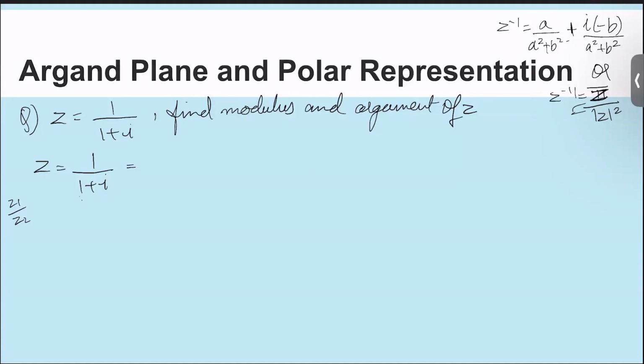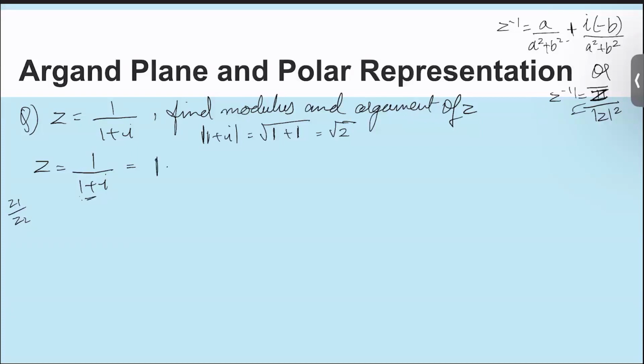Actually, if you find the modulus of 1 plus i, you will get this as 1 plus 1. We don't consider the i over here, so that was my mistake. So you will get root 2 as the modulus of the denominator, the complex number in the denominator.